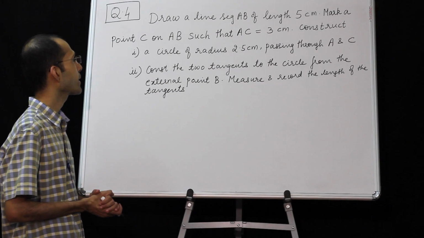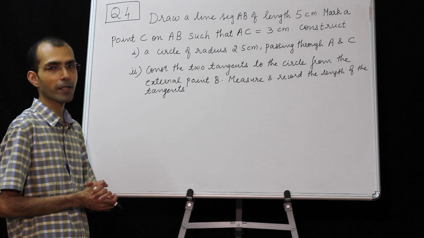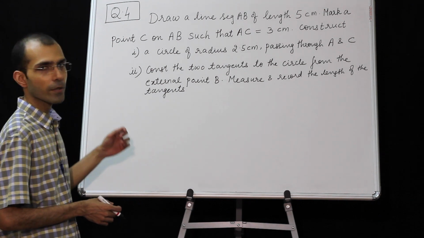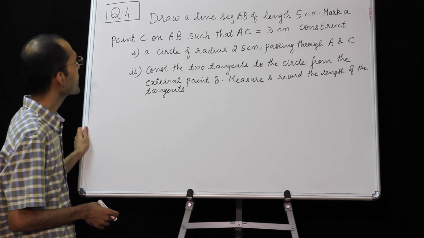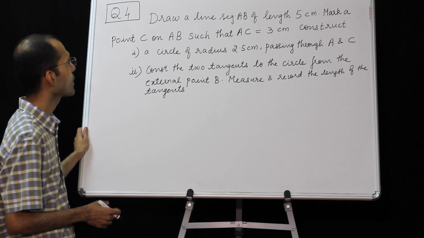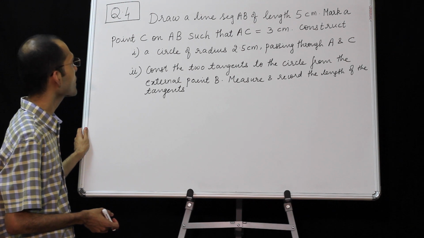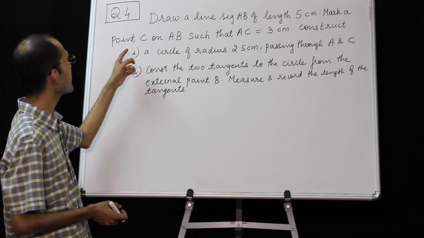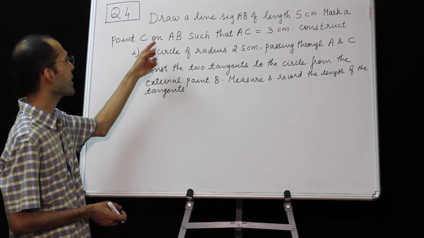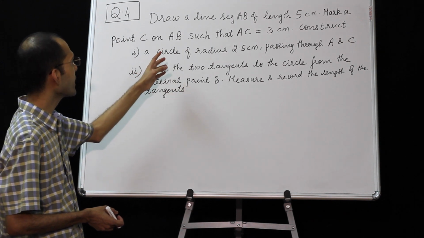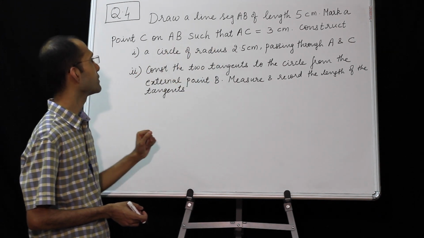Question 4 and the final question for this topic. Interesting question. Draw a line segment AB of length 5 centimeters. Mark a point C on AB such that AC is 3. Okay.